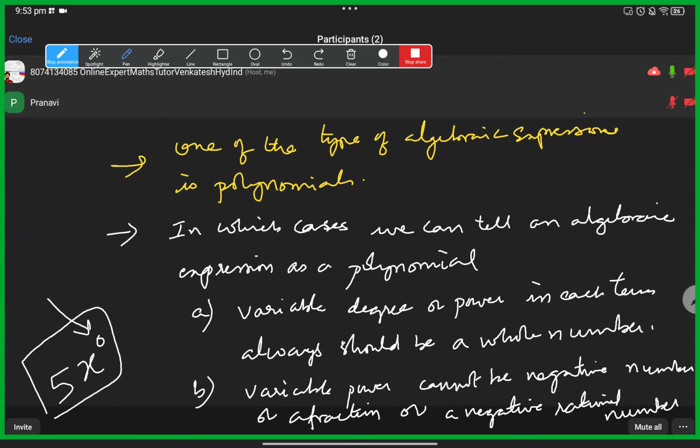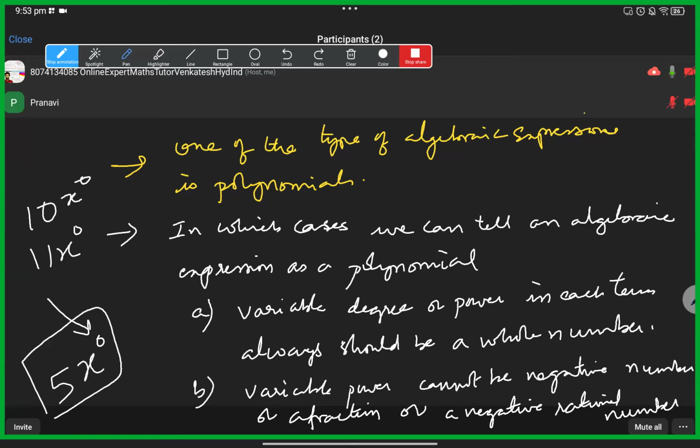Constant polynomial means some number like 10, 11, minus 50, 20, anything. If you write beside it x power 0, by placing a variable x or y or z of your wish with power 0, automatically it will become a polynomial of degree 0.